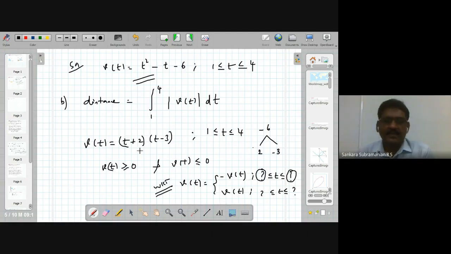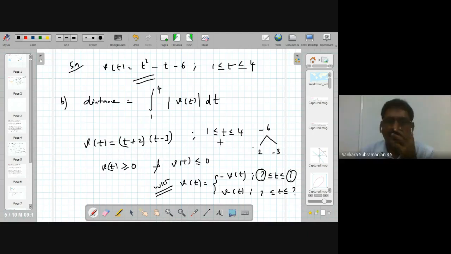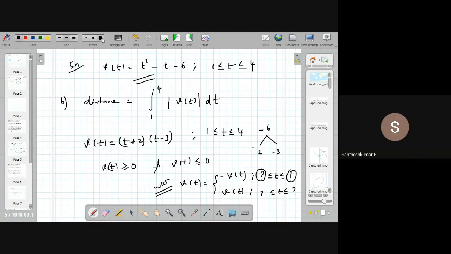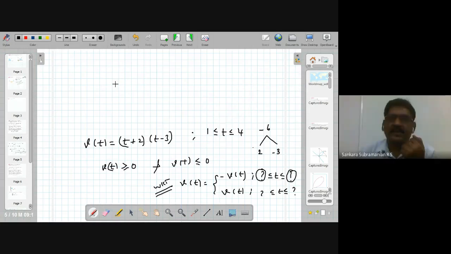In which interval will this V of t be less than or equal to 0? That is the question. In which interval is this greater than or equal to 0? That is the question. Tell me. Starting value 1 we can take, sir. When will V of t be positive, greater than 0? Can you tell when it will be equal to 0?